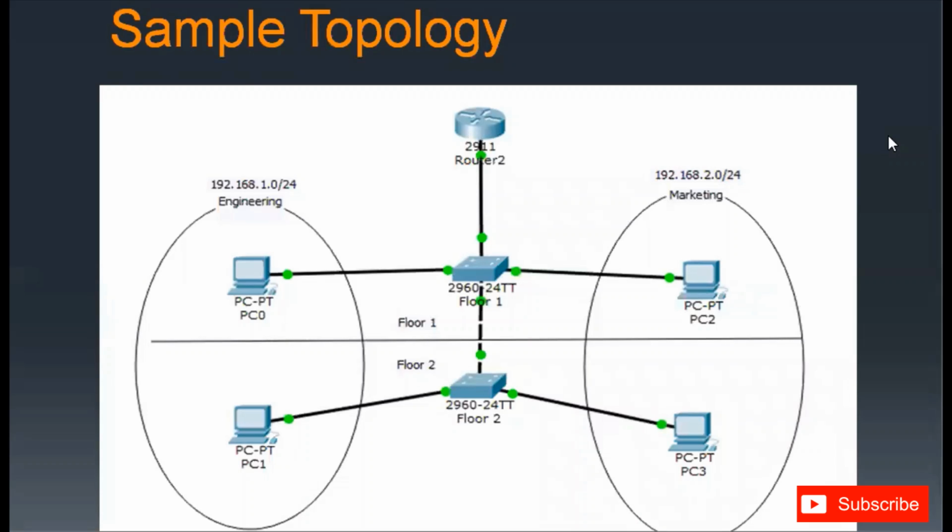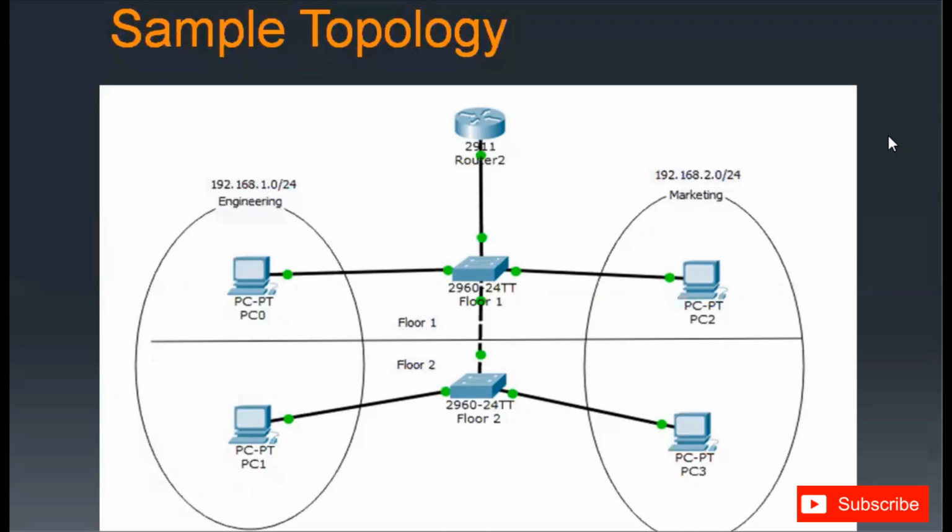Okay, so today we're gonna discuss this topology. This is a sample topology that I've created. So for example, I have given two different departments, that's engineering and marketing. So I'm gonna put these two departments in different VLANs, and I'm gonna show you how these are not gonna communicate.